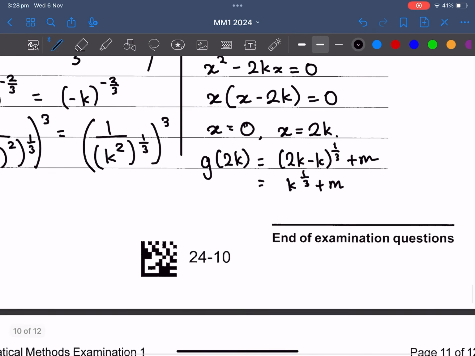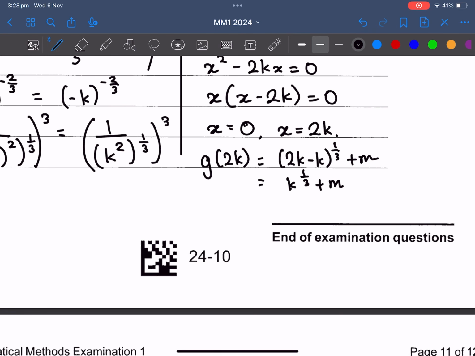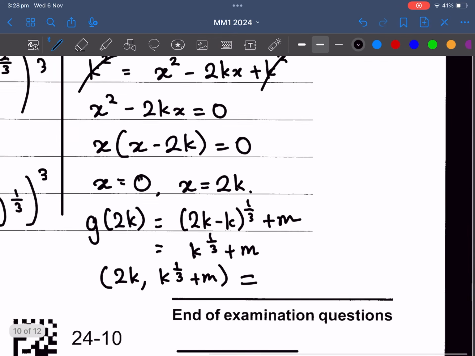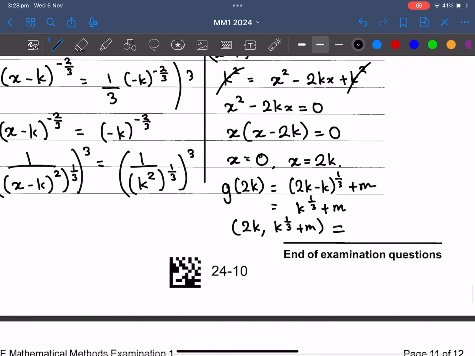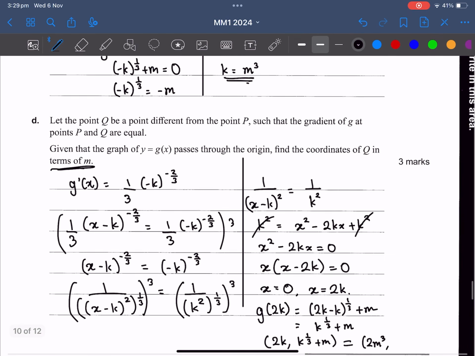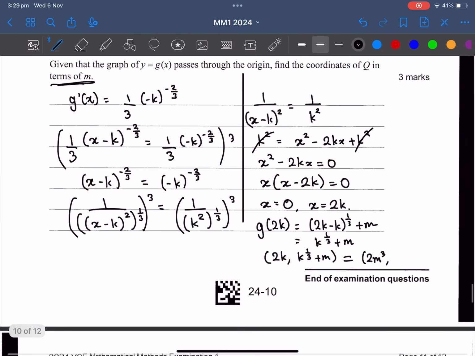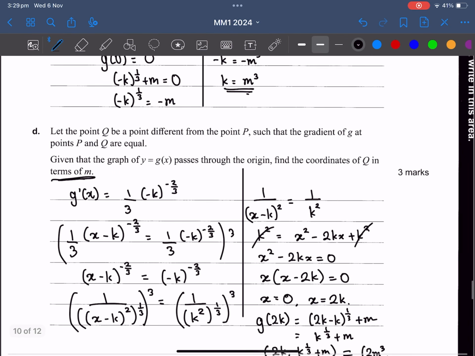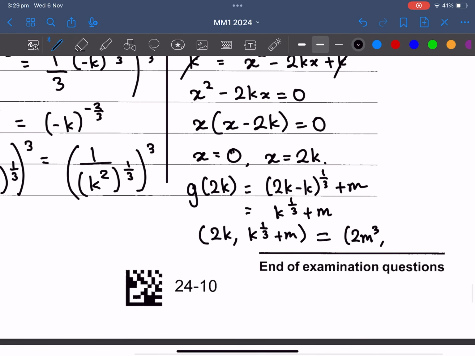Oh, okay. In that case, I'm going to say the coordinate is 2k and k to the power of 1/3 plus m, which is equal to, what is k? k is m cubed, so 2m cubed, and k to the power of 1/3, so that is just going to be m plus m.